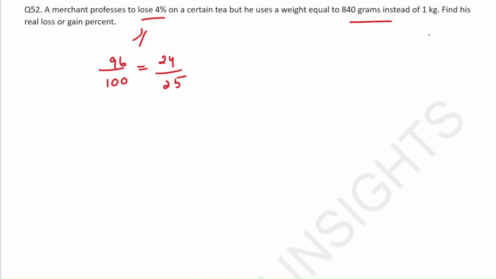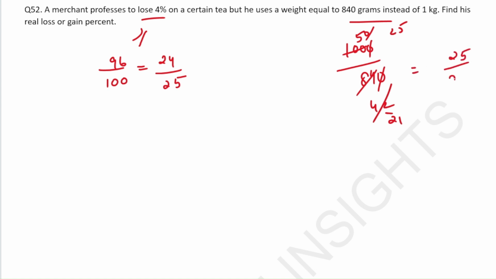Instead of 1 kg, the weight that the merchant is using is 840 grams. So 1000 divided by 840, 0 0 cancel, 25 by 21.